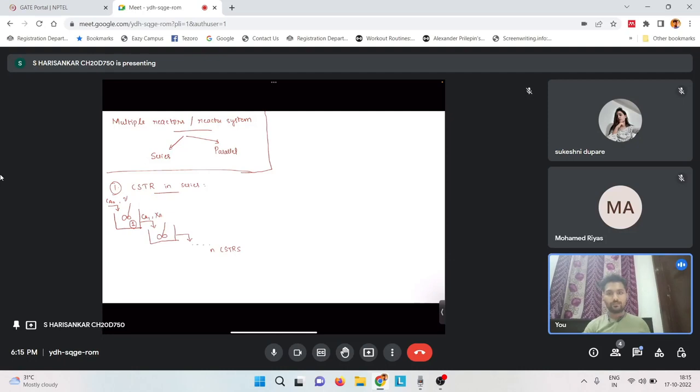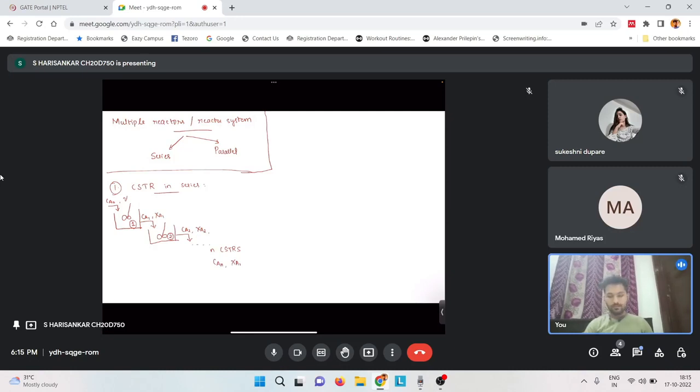This Ca1 will enter CSTR2, and the outlet will be Ca2 with conversion XA2. And at the nth CSTR we'll have CAN and XAN. Let's take this as our rough representation of a CSTR in series system.